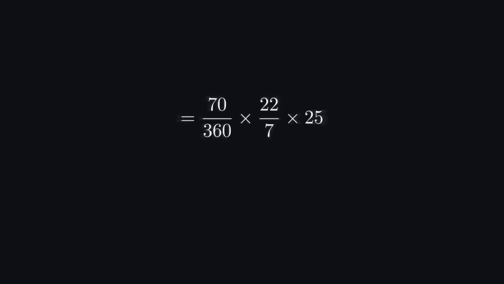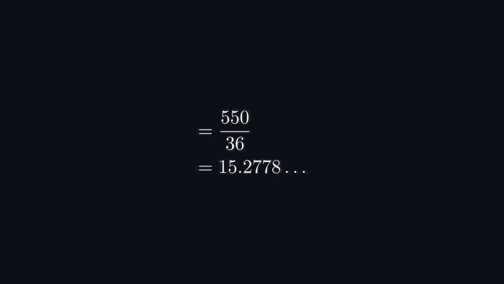This gives 70 over 360 times 22 over 7 times 25, which equals 7 over 36 times 550 over 7, which equals 550 over 36, which is 15.2778.